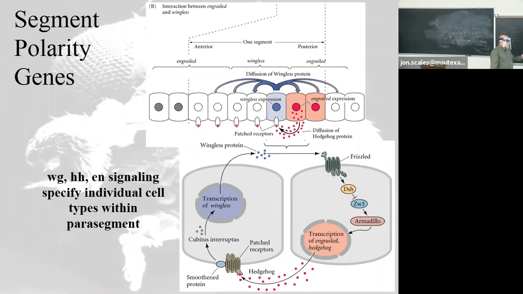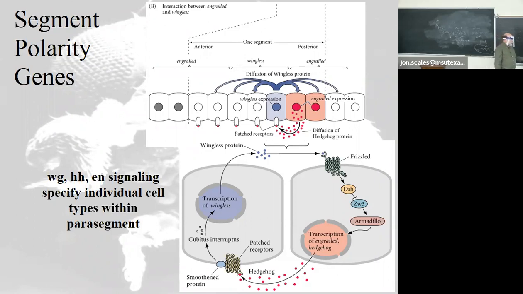Hedgehog is another secreted signaling molecule. Hedgehog is even less soluble than wingless, and so hedgehog only signals to a few cells in its nearby vicinity. And its receptor is called patched, and there is no patched on the cell that expresses hedgehog because, remember, engrailed is a repressor.